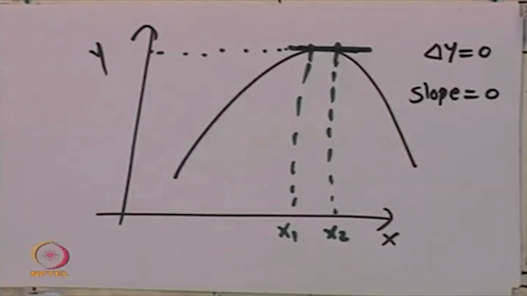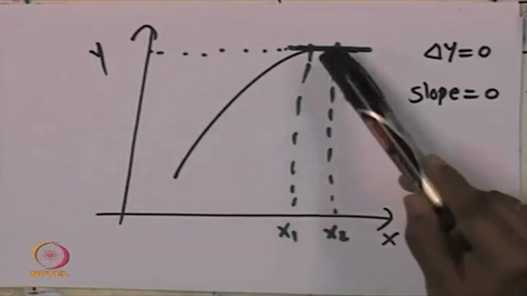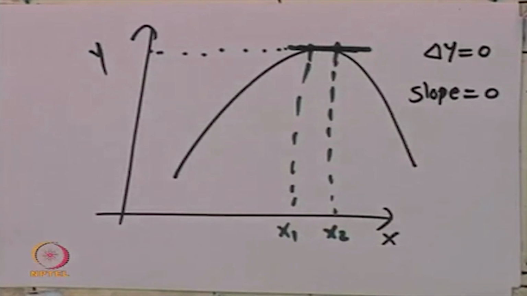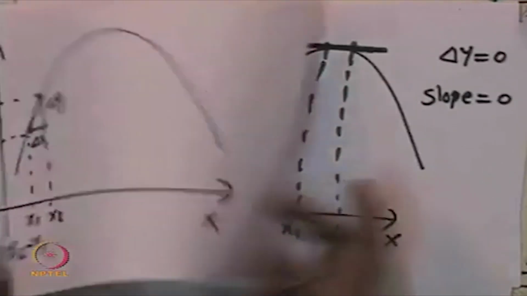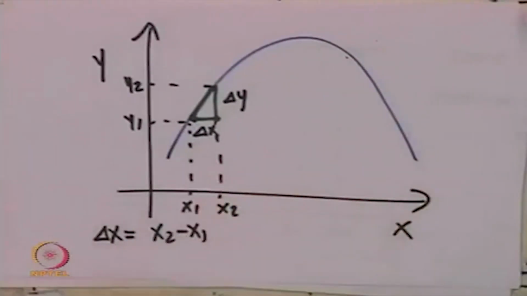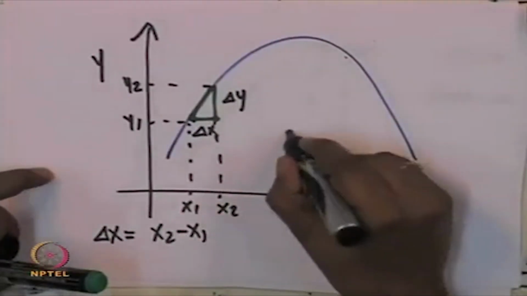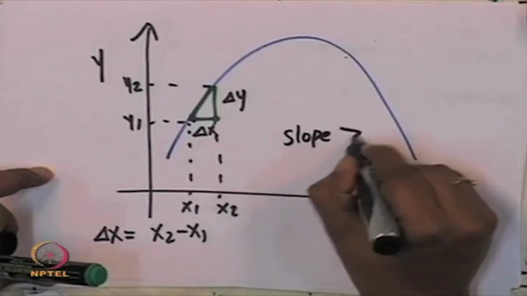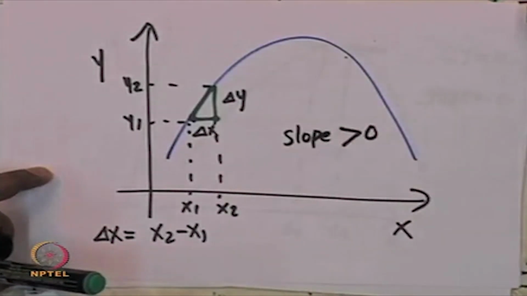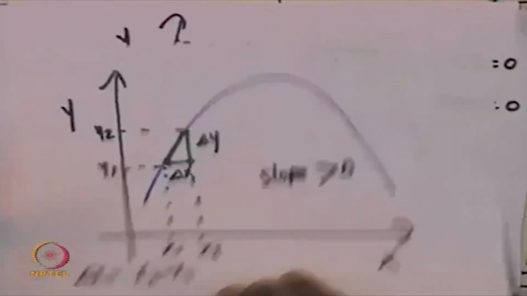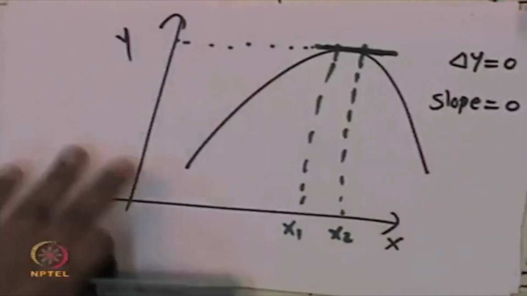So, it turns out that at the maximum value of a curve, the slope is 0. In the earlier case you had a slope greater than 0. Here you have a slope equal to 0.